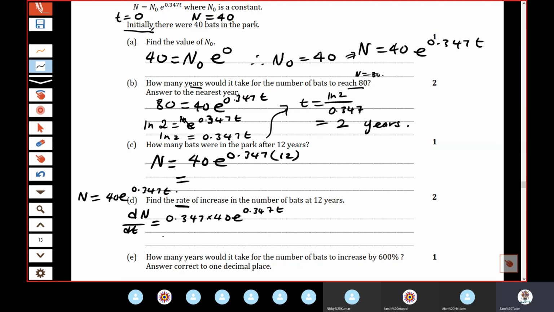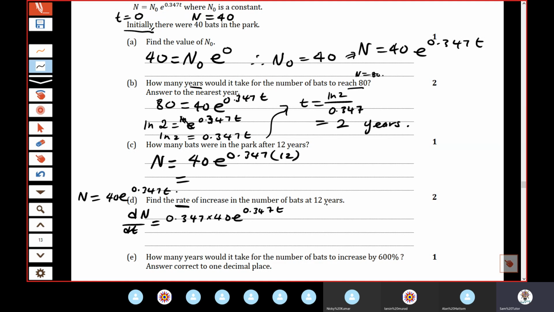So rate means dN on dt, and the way we differentiate it is differentiate the power, which is just 0.347 because you ignore the t, and then you multiply by the same thing here for exponentials.